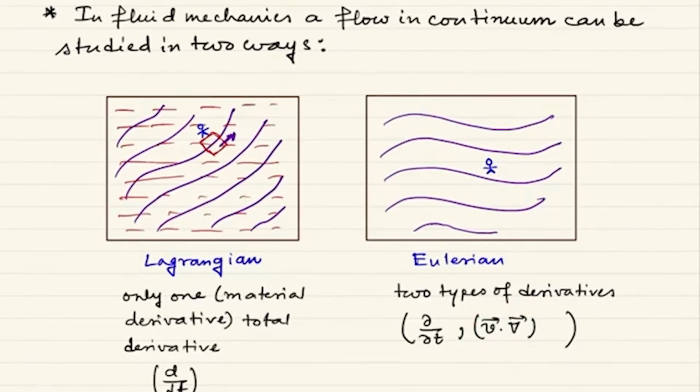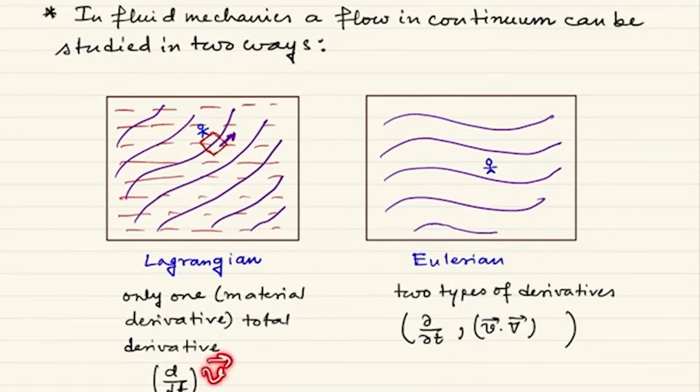Let's say I am interested in this blob, and I am tracing its dv dt.